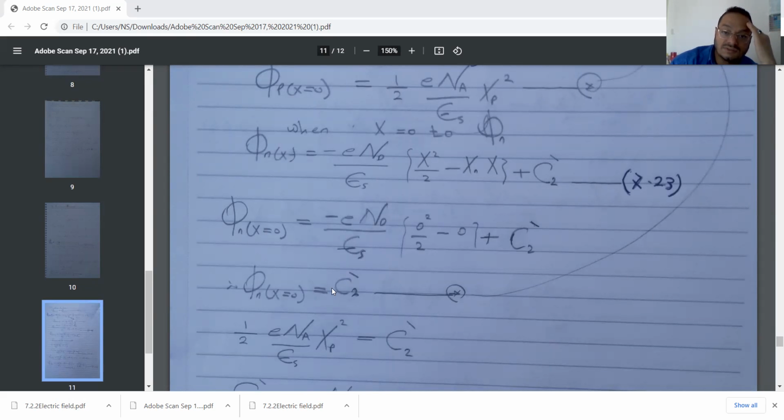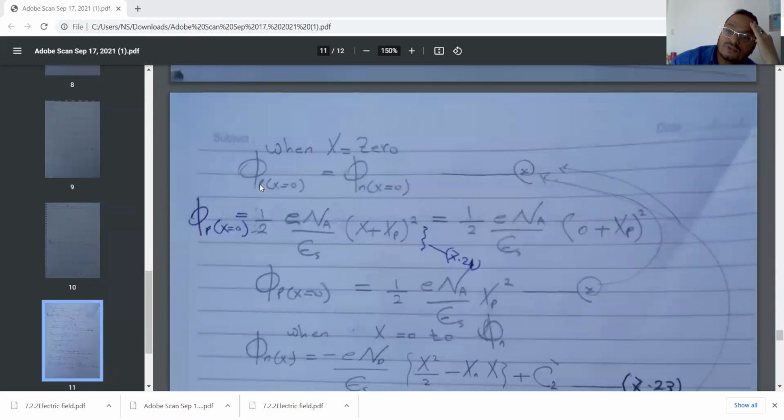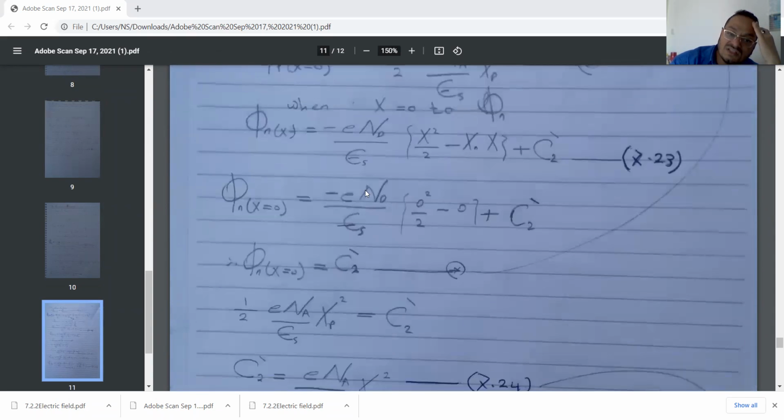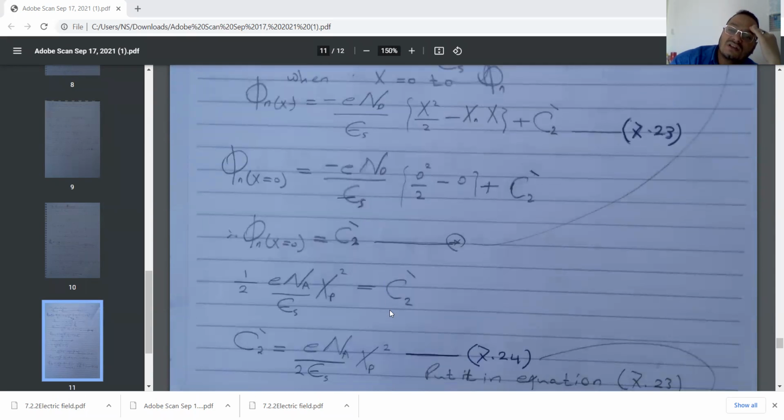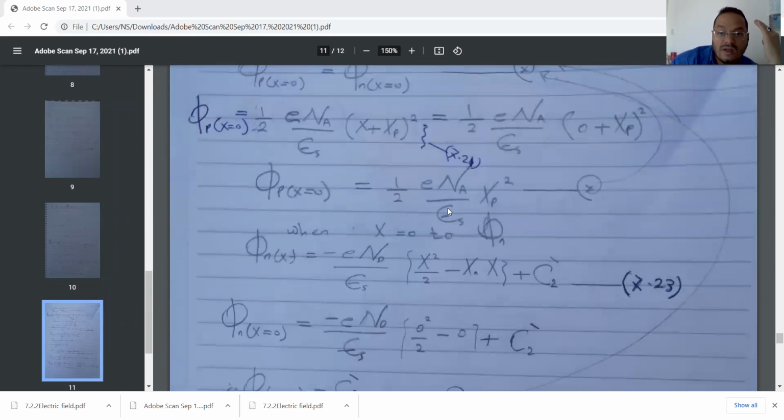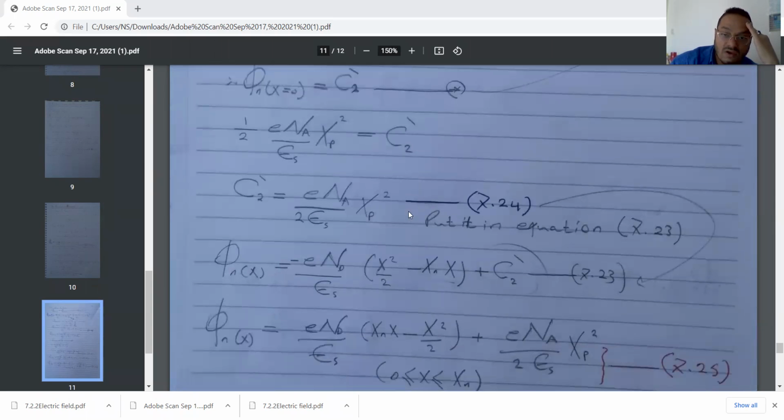Now that means, from this equation, the potential at the P type when x equals 0 equals the potential at the N side when x equals 0. What does that mean? That means the integration constant number 2 equals the electron acceptor concentration divided by the permittivity, times the width in the P side squared. That's equation 7.24.